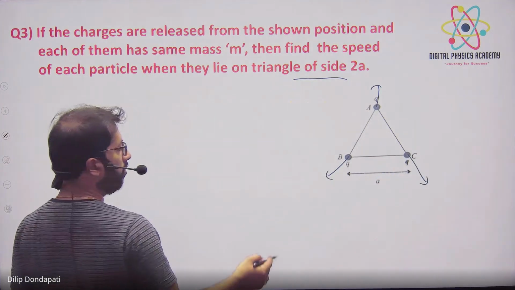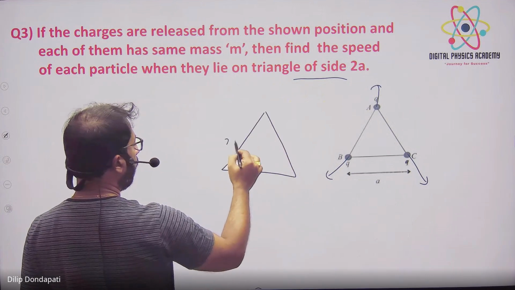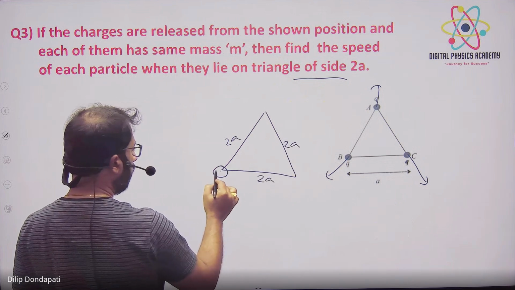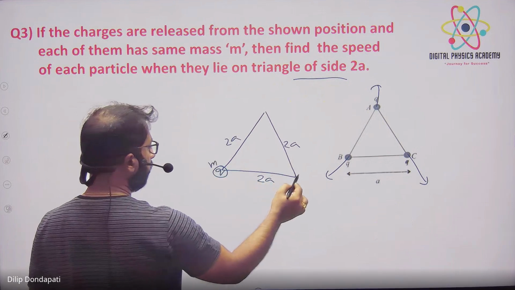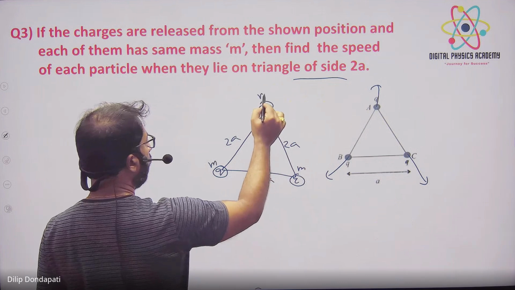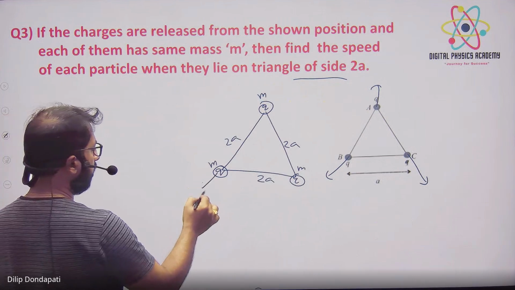Okay. भागने के after certain time के बाद मान लो the side is now 2A. Of mass and charge Q. You're asking what will be the speed of each of the particles.